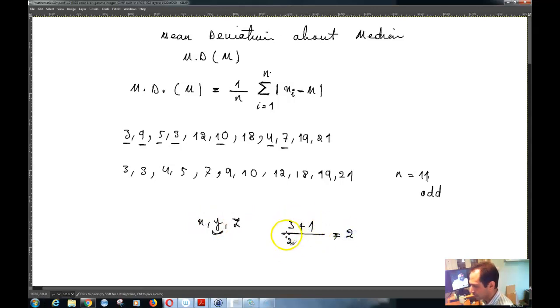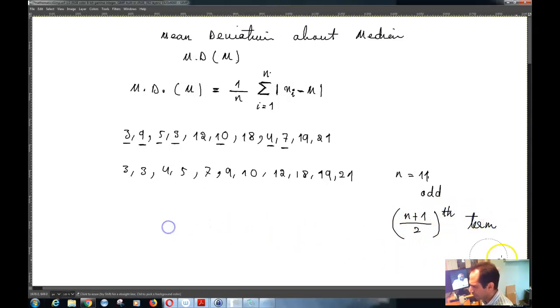So the (n plus 1) divided by 2 term is the median of your data. Now that n is equal to 11, that's 11 plus 1 divided by 2, which is equal to 6, the sixth observation. So 1, 2, 3, 4, 5, and 6.